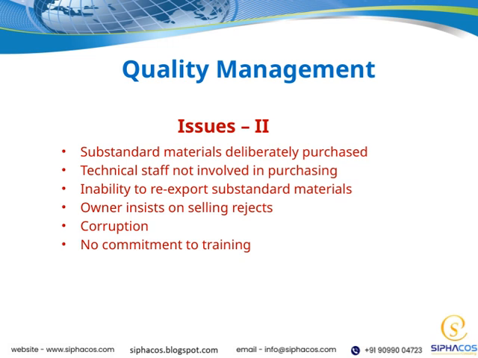Furthermore, there's a clear lack of commitment to training, which hampers our ability to improve and adapt to new standards or technologies. All these issues highlight the critical need for a strong quality management system. Without it, these problems will continue to undermine our overall project success and long-term sustainability.